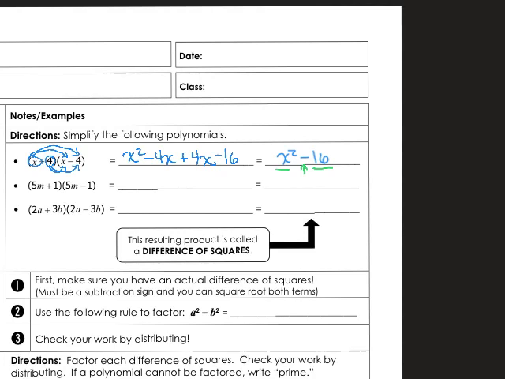More about that soon, but this warm-up is to encourage you to see that when you have two factors, like 5m plus 1 and 5m minus 1, and they have different signs, one's positive, one's negative, you're going to end up with this special product called the difference of squares.